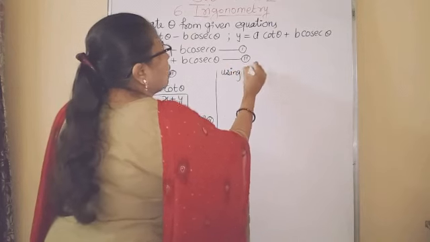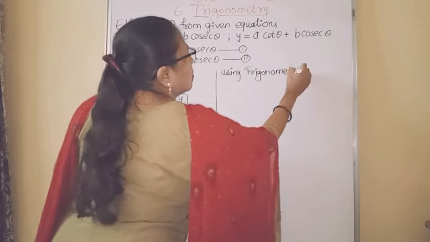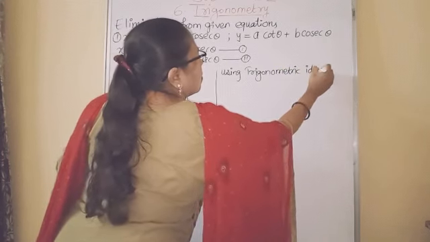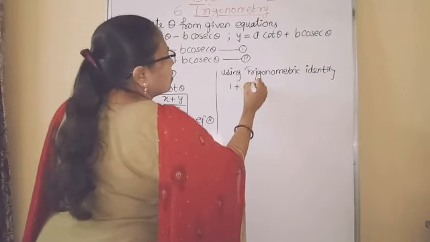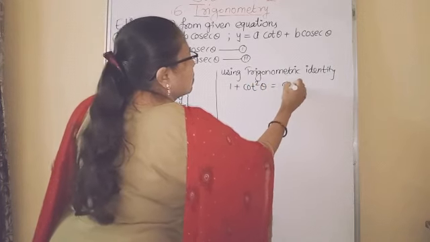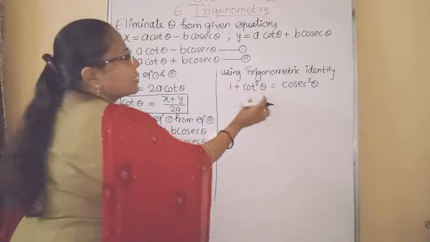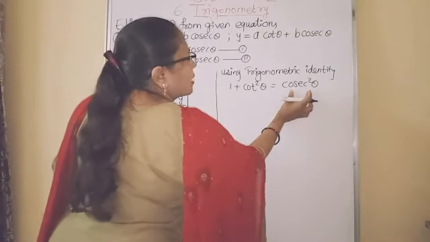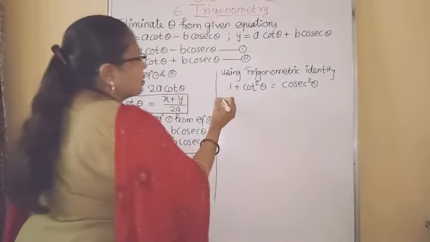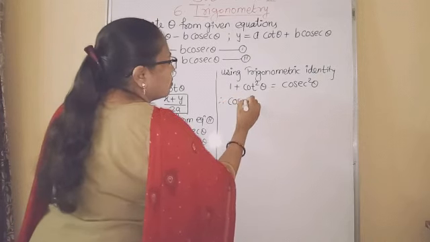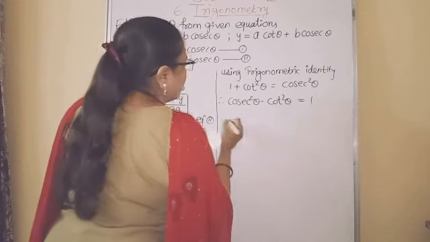Using the trigonometric identity, one plus cot square theta is equal to cosec square theta. If we take cot square theta to this side, we will get cosec square theta minus cot square theta equal to 1. Therefore, cosec square theta minus cot square theta is equal to 1.